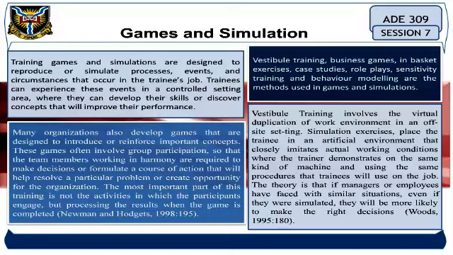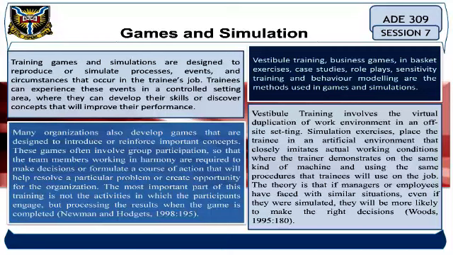Many organizations also develop games that are designed to introduce or reinforce important concepts. These games often involve group participation so that the team members working in harmony are required to make decisions or formulate a course of action that will help resolve a particular problem or create opportunity for the organization.